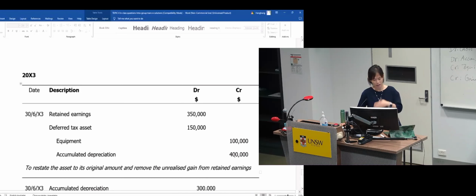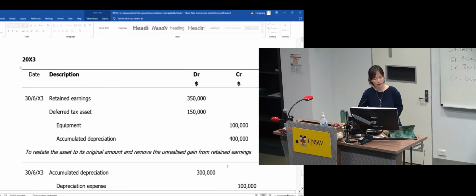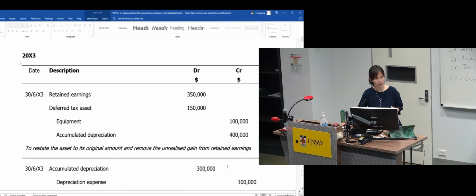So this part, you just repeat again. In addition to this, we are going to adjust depreciation. Year X3 depreciation adjustment is also 100,000 because it's the straight line method. Each year your depreciation adjustment will be the same over 5 years.